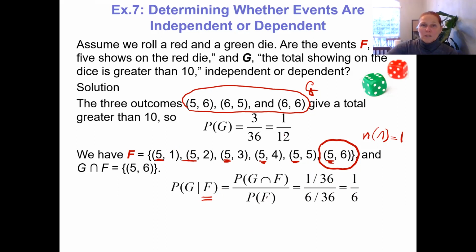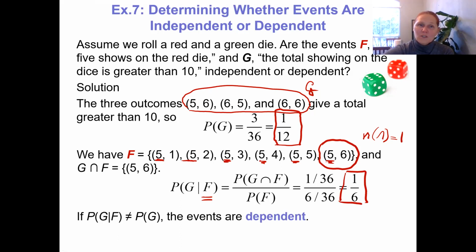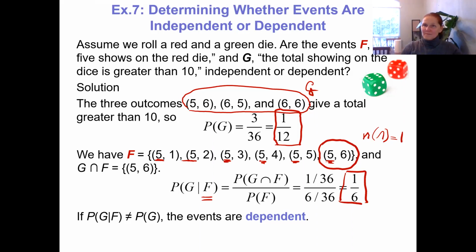So the probability without F, P of G, is 1 over 12. The probability with F, G given F, is 1 over 6. They are different. It means that these two events, G and F, are dependent events. Okay, thank you. That's all for 13.3.